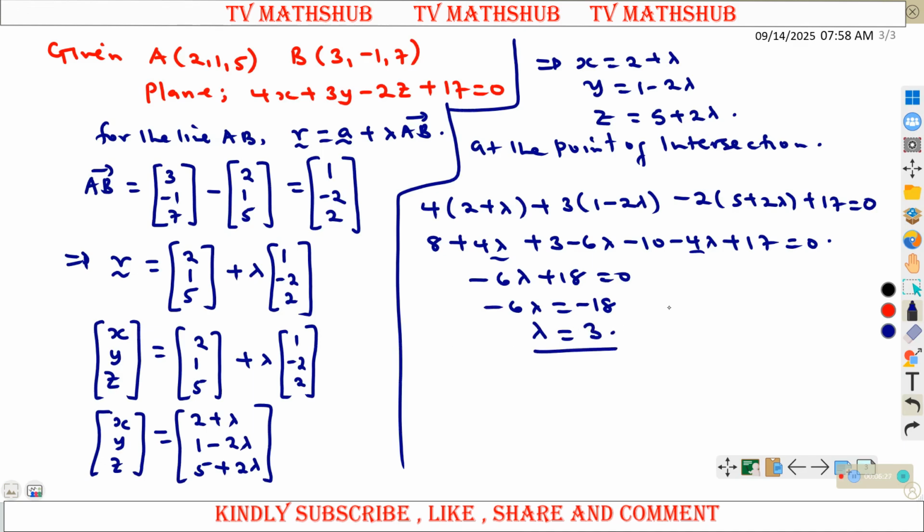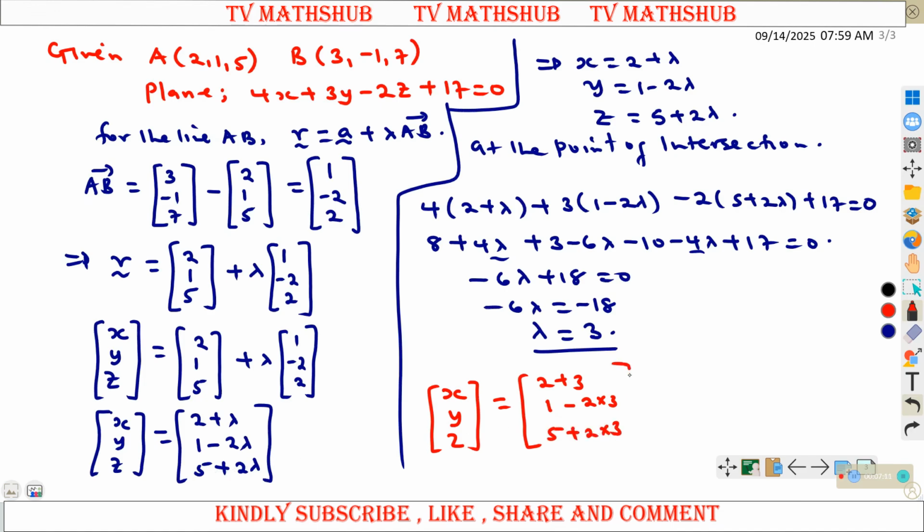So we have got the value of lambda. Remember, we need the point of intersection, and that point of intersection will be the point which is satisfying these components here, that is x, y, and z, when we substitute for lambda equal 3. So we shall have (x, y, z) equal to 2 plus 3, then 1 minus 2 times 3, then 5 plus 2 times 3.